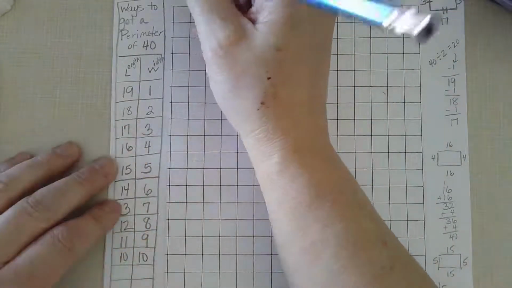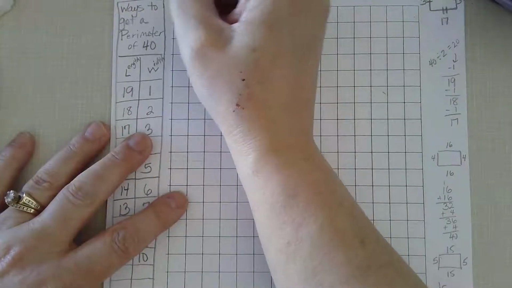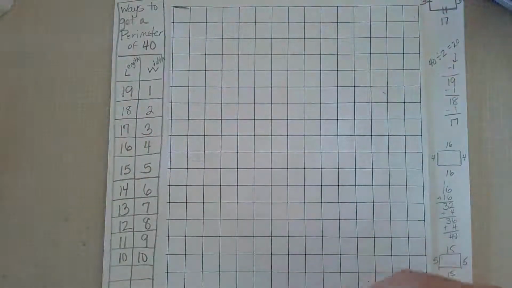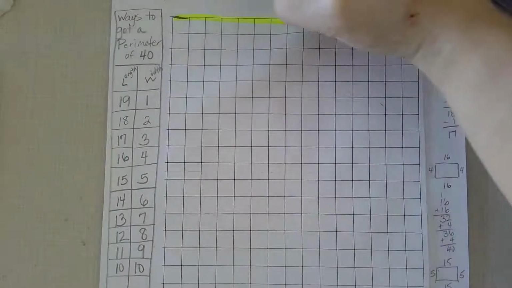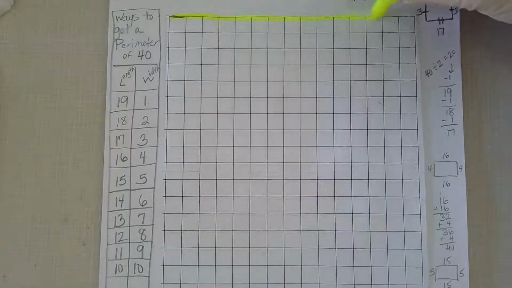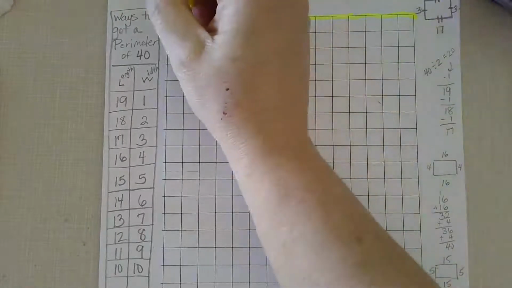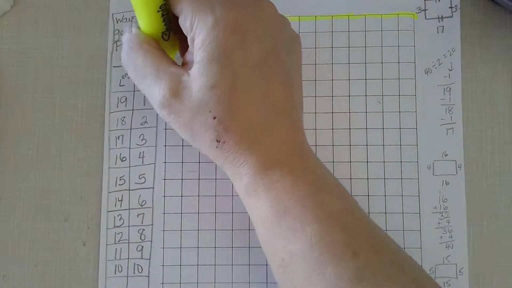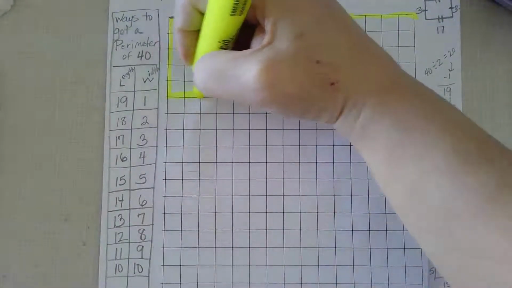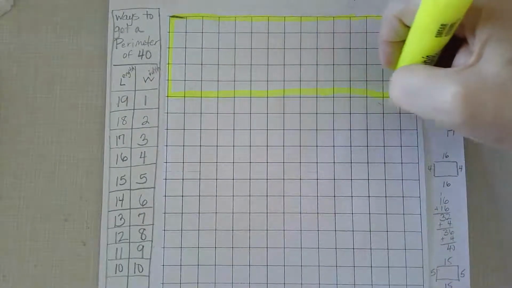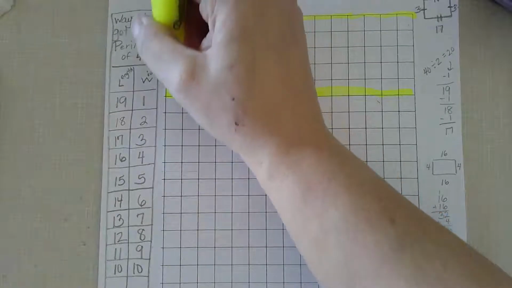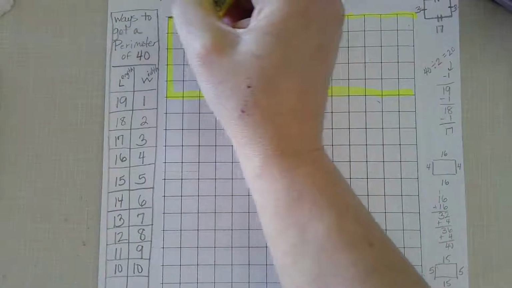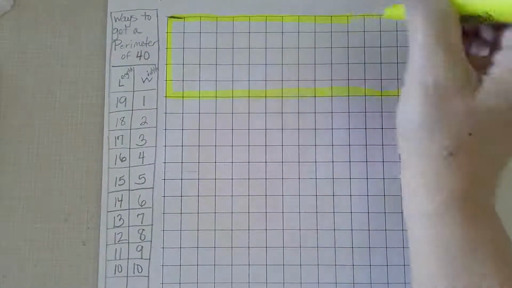Okay, so if I'm doing a length of 15, you know that your length of 15 is going to look like so, going across. Okay, that's all the way across is 15. And then you're going to go down 5, 2, 3, 4, and 5. And again, I'm only looking at the outside because we're talking about the perimeter. When we talk about area, we'll be talking about the inside.